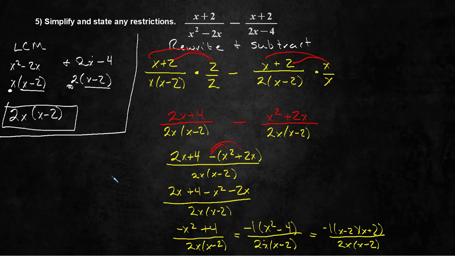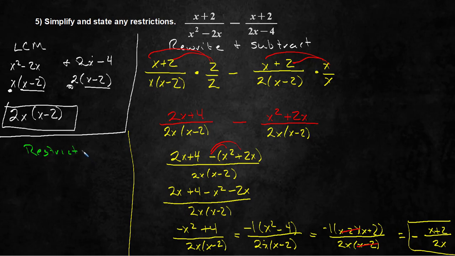And the term that's in common that can cancel out is that x minus 2, leaving you a negative in front, x plus 2 over 2x. So that's the simplified form. Another way they could have done it is they could have distributed that negative sign to both pieces in the numerator. Now let's look for our restrictions.